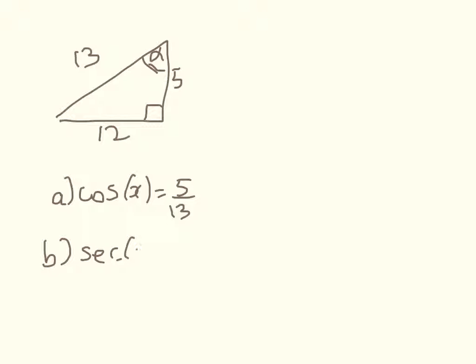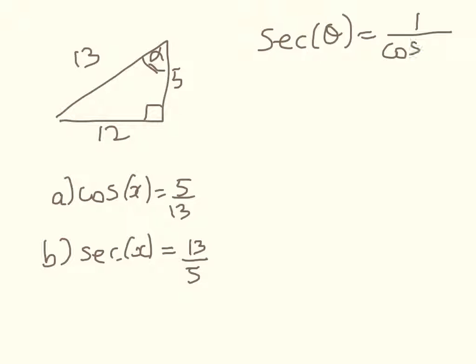Sec of x is equal to 1 over cosine. So it's 13 over 5. Remember that sec of theta is equal to 1 over cos of theta, so we can define that as r over x using my circle definitions.